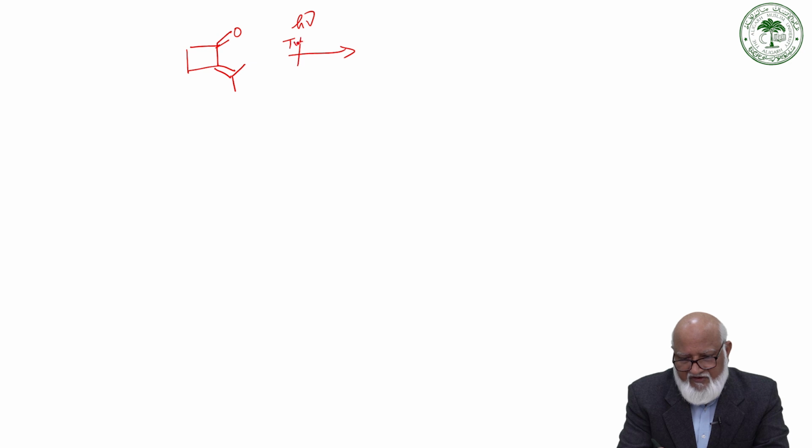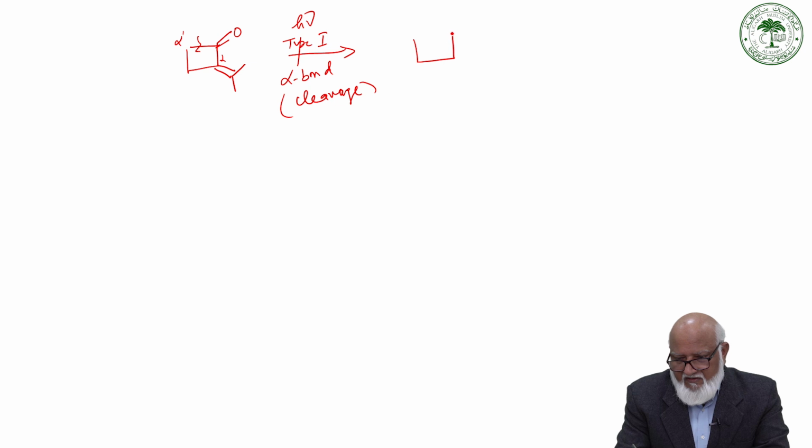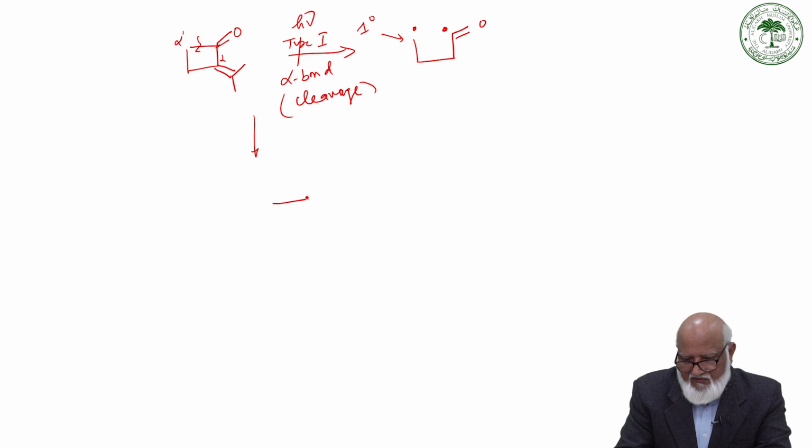It will undergo a type 1 reaction. Type 1 reaction is alpha bond cleavage, and this is the alpha carbon. The alpha carbon is substituted, so we can see that one of the alpha carbons is substituted. This is a primary radical, and if we cleave the other bond, we are going to generate a radical on the cyclopropane.